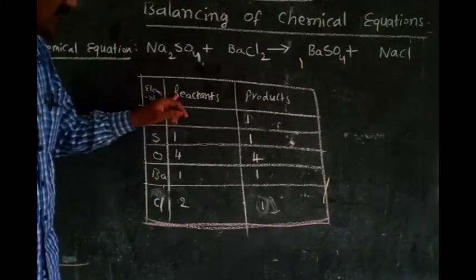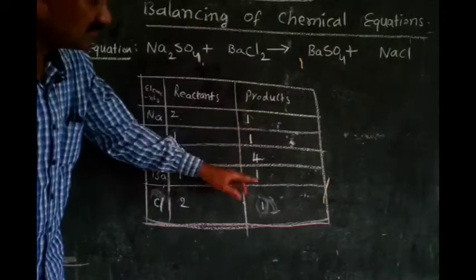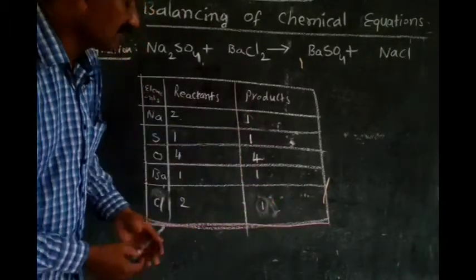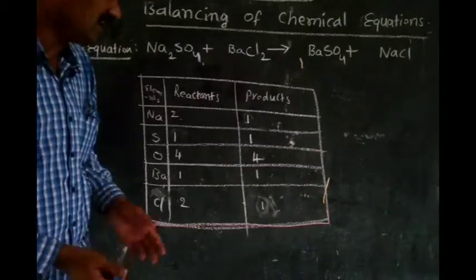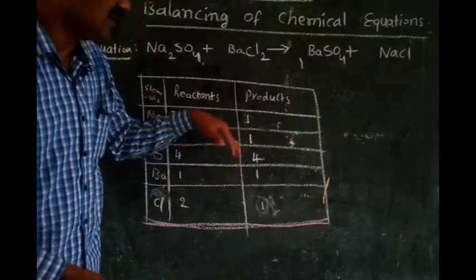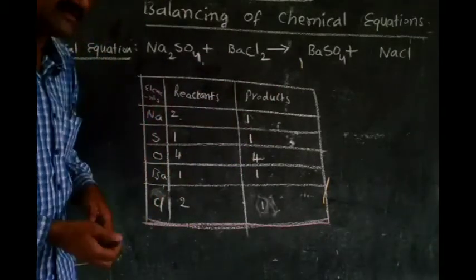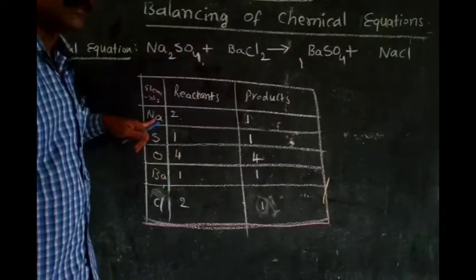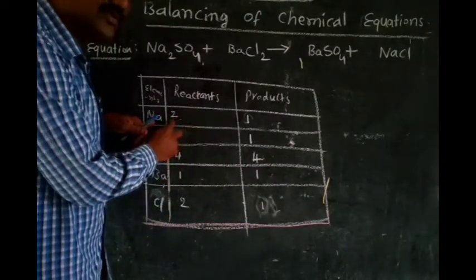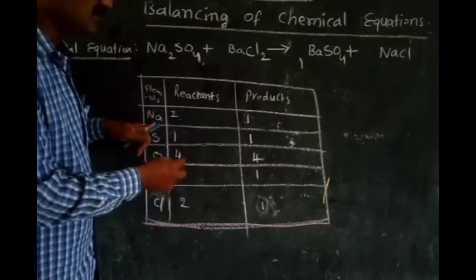In the reactants they are more, but in the products they are less in number. That's why we have to raise the number of atoms in the products of sodium and chlorine. Okay, now to balance the sodium, let us consider first sodium. In the reactants 2 atoms are there, in the products only 1 atom is there.